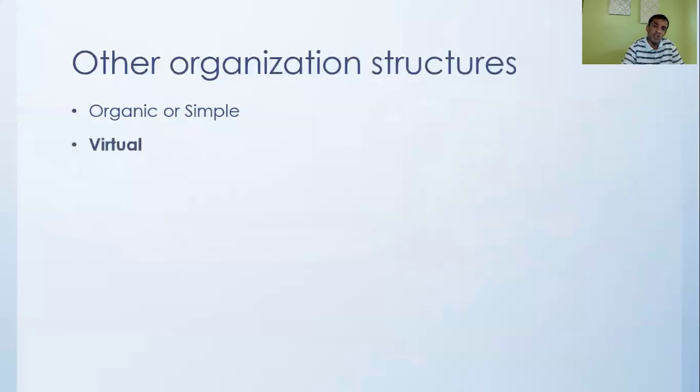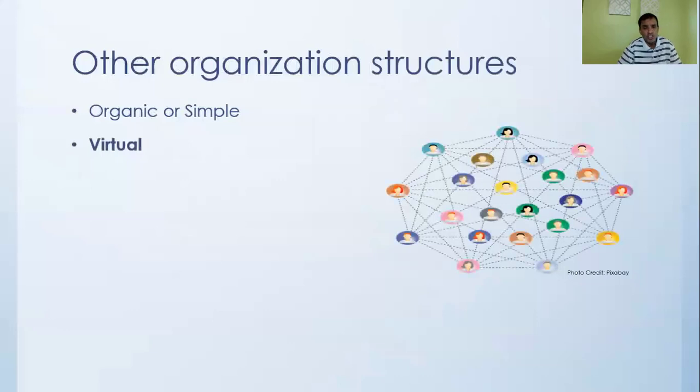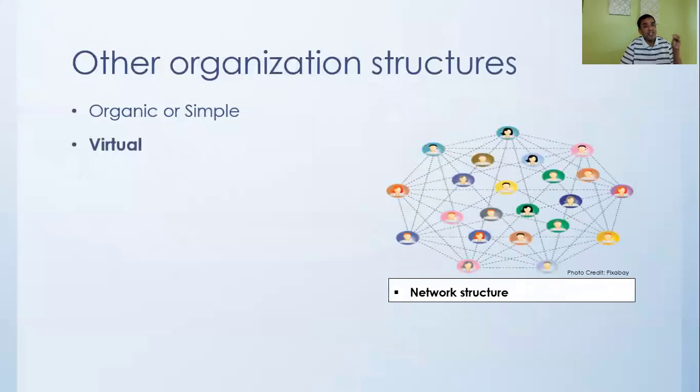Then there is a virtual organization structure. What it really means is it will be a network structure. For each of the functions, there will be one person who represents that function.